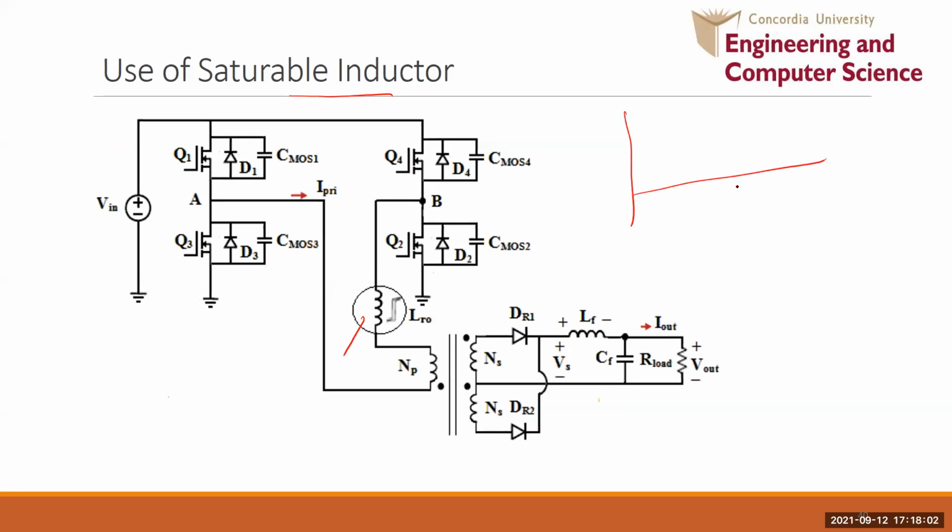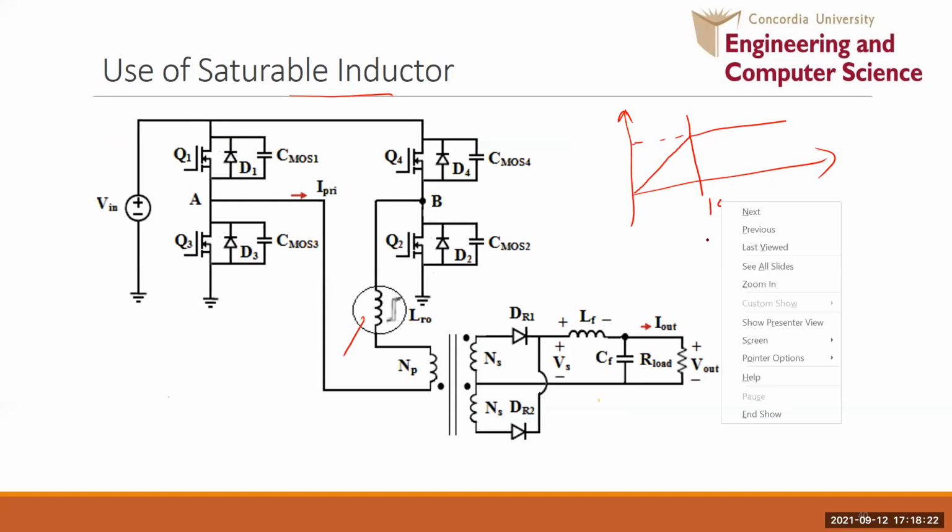It has a property that its inductor value increases with current, and after a particular current, say for example after 10 ampere, it saturates and has a fixed value. Oh sorry, saturate means it is short circuit.